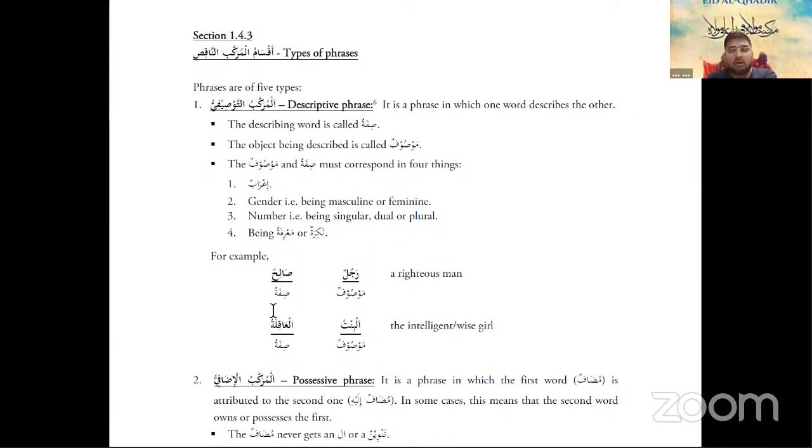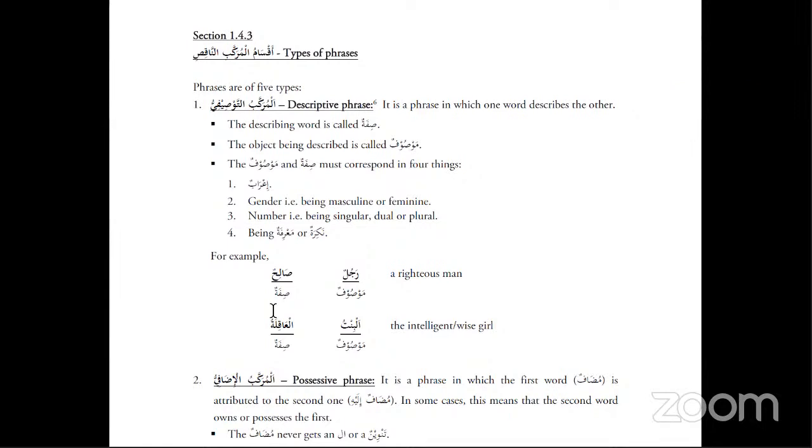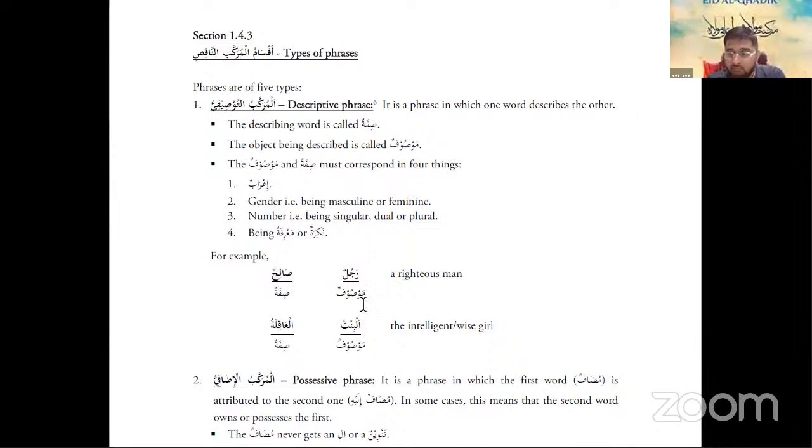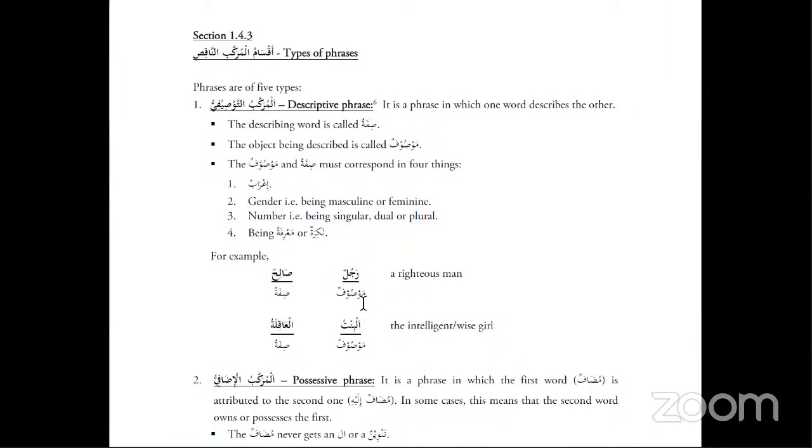Righteous man. Rajulun is mawsuf, that is the noun, and salihun is the adjective.